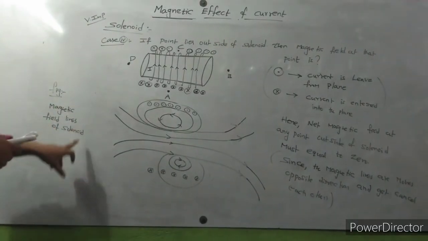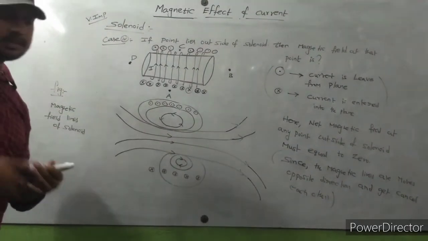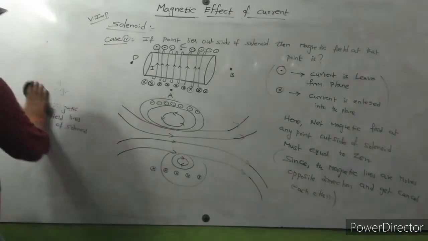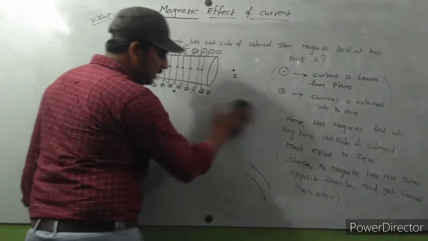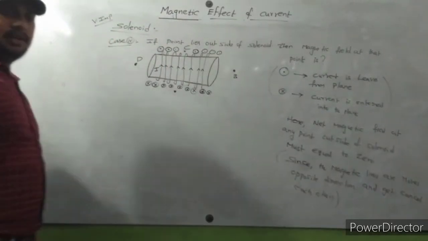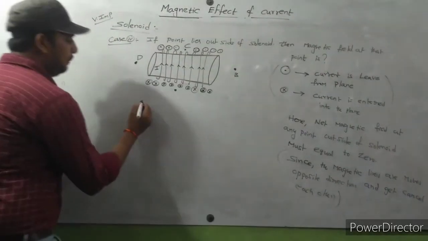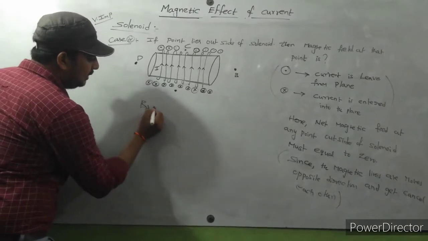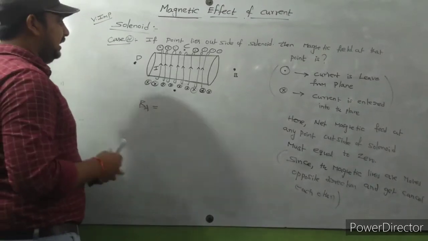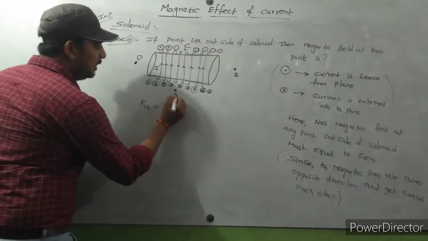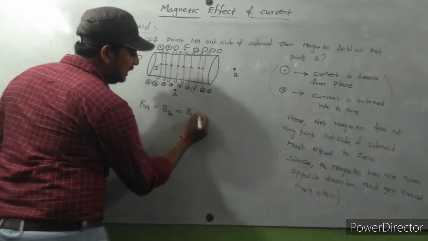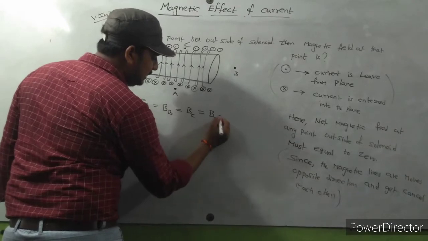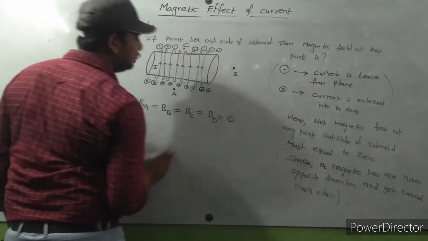Figure: magnetic field lines of a solenoid. They are forming like this. Now according to this diagram, magnetic field at A, magnetic field at B, magnetic field at C, and magnetic field at D are equal to 0.